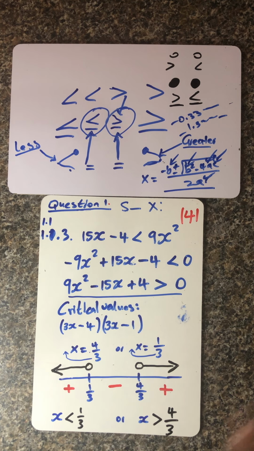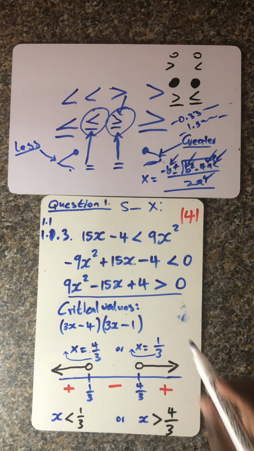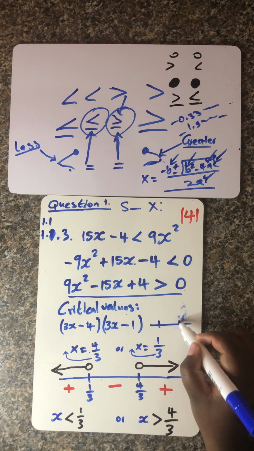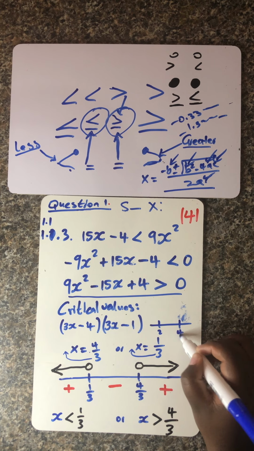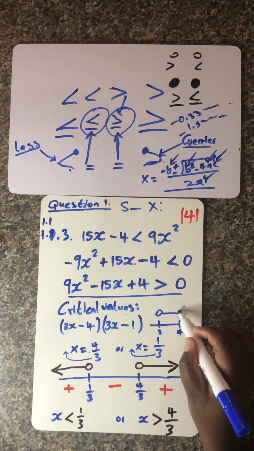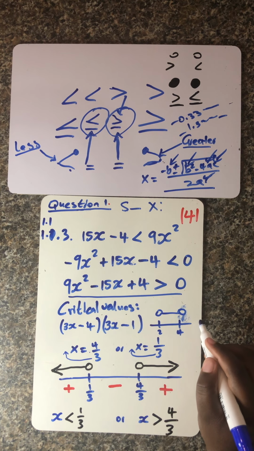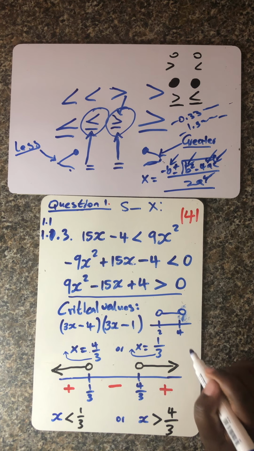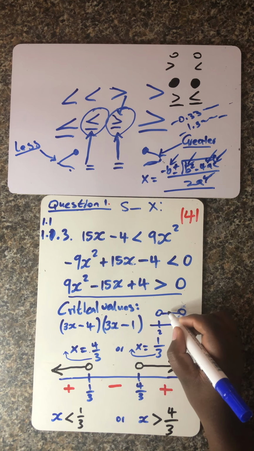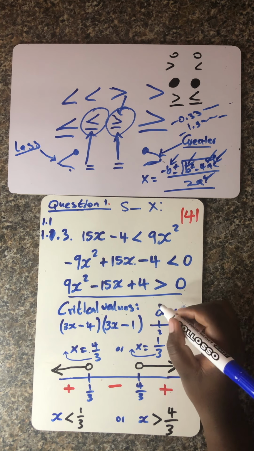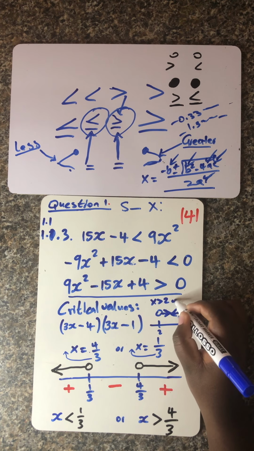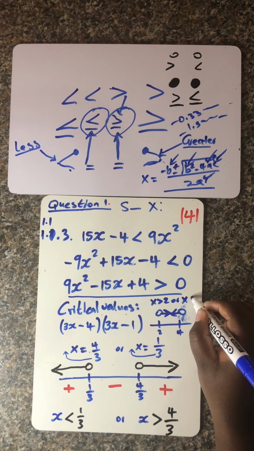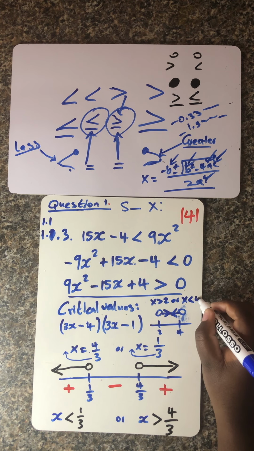As an example, guys, listen to me very carefully. If you had something like this, where you have let's say 2 and 4 over there, that will obviously mean you had arrows in that direction and another arrow in that direction. So that means x, this is the sign how it is, then you just write 2. Then you say or, then you say x, as it is, and then you just say 4.